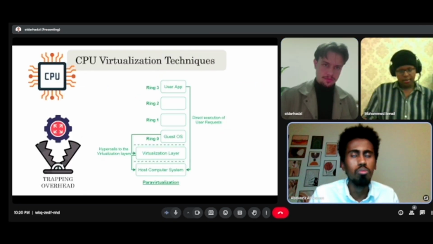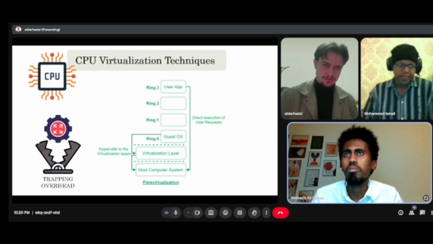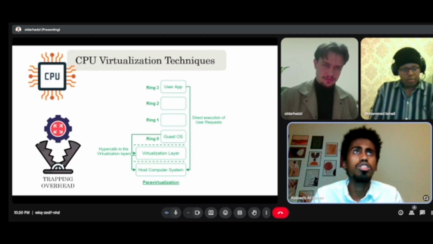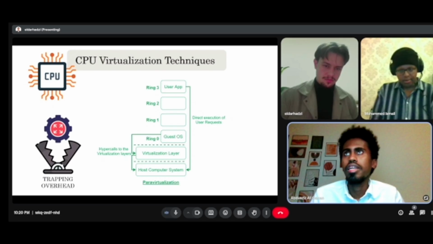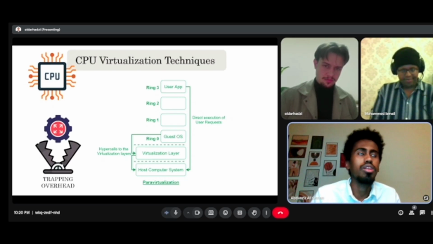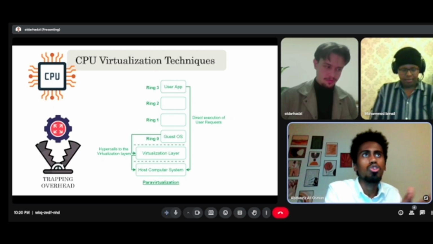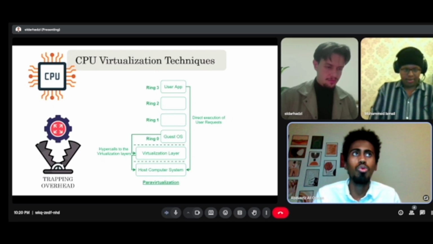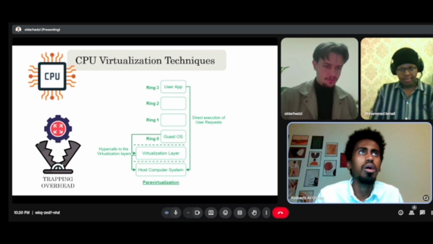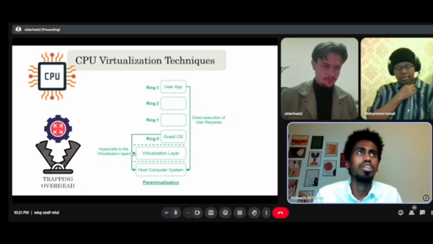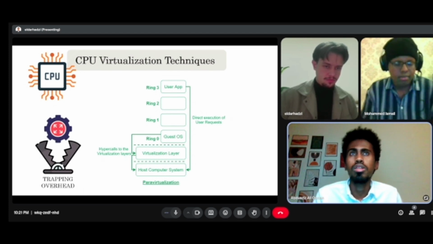Okay, and I'm Abdulaziz Al Osman, and yes, I will be continuing from here. The part that I wanted to mention was the CPU virtualization techniques, as Eldar mentioned earlier. And there are two types: one that communicates directly to the hardware, and one that goes through the hypervisor before it communicates to the hardware, and that could lead to slower performance compared to the one that talks directly to the hardware.